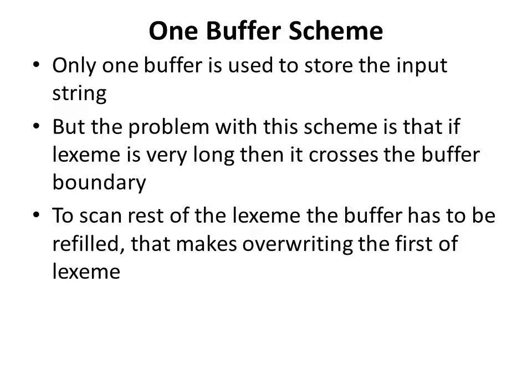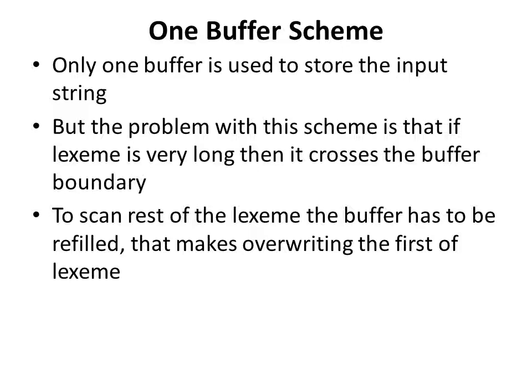The problem with this scheme is that if the lexeme, that is the token, is very long, then it crosses the buffer boundary. For example, if the token length is 5 and the buffer length is 3, the buffer has to store a token of length 5, but it crosses the boundary.